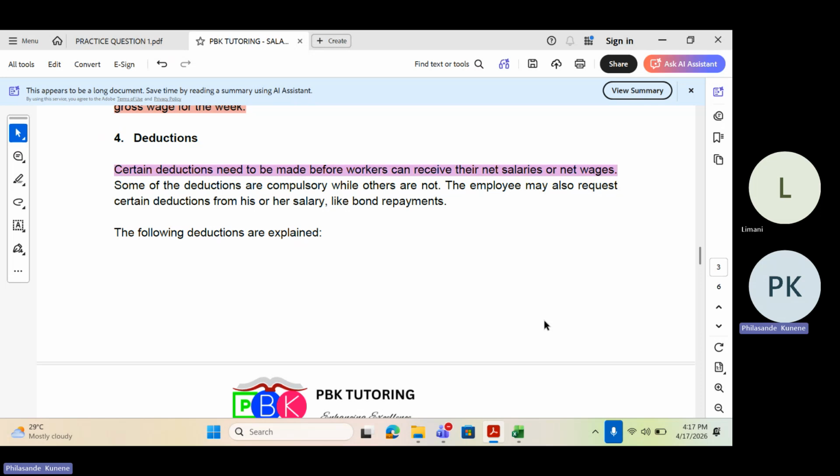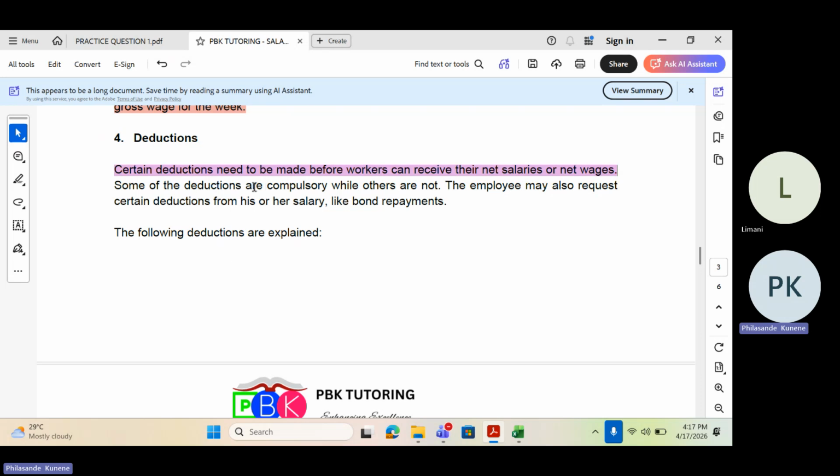Before I pay your money into your bank account as a worker or as an employee, I need to make sure that I subtract certain deductions. There are certain deductions that have to be made from your gross salary before I can pay your net salary into your bank account.